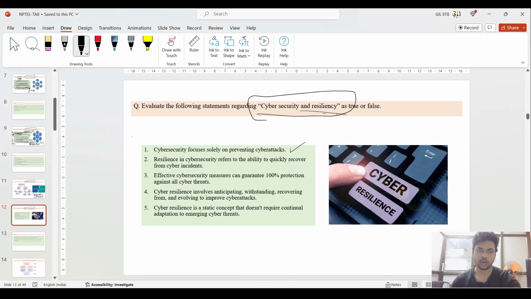Anybody else who wants to try this? If you are getting the one correct answer of the first statement itself, just write it. Just give it a try at least. Okay, first is false, I got one answer.